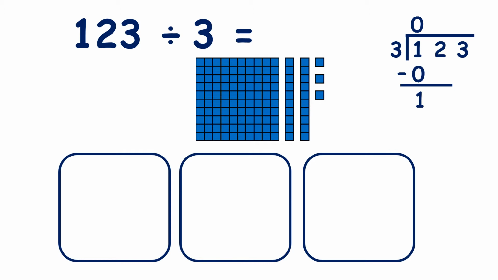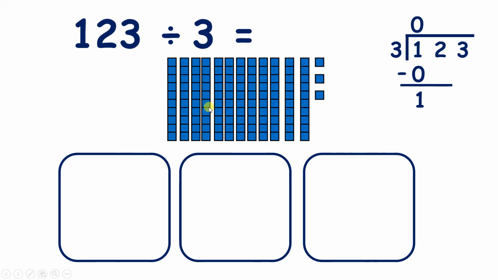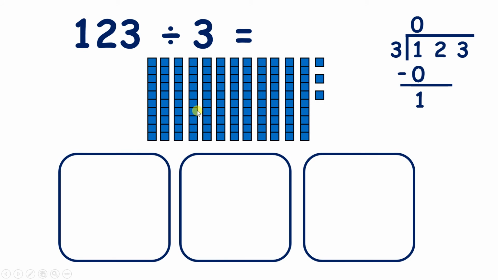Well, to be able to share it out, we need to break it up into 10 tens. We need to exchange our 100 for 10 tens. So now, if we bring down our 2 tens, we make the number 12. And that tells us that we now have 12 tens to share out.